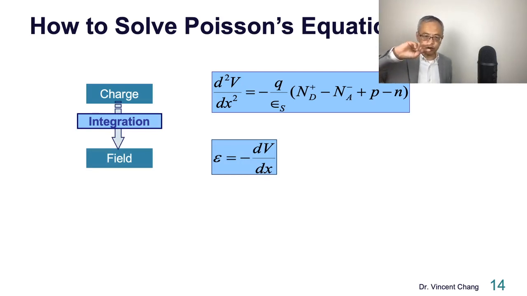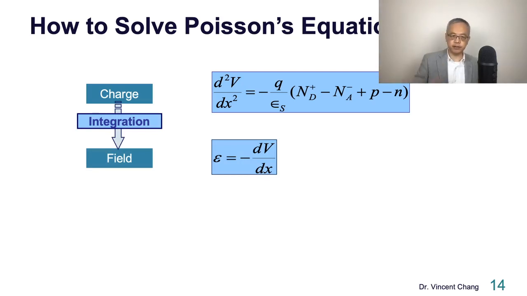So what's the relationship between the first derivative and the second derivative? The integration, right? We just take the integration of the second derivative of the potential, which will give you the first derivative of the potential, which is the electric field distribution. Okay? I don't want to belabor the detail of the physical meaning of the negative sign because I taught this before. You are supposed to know it.